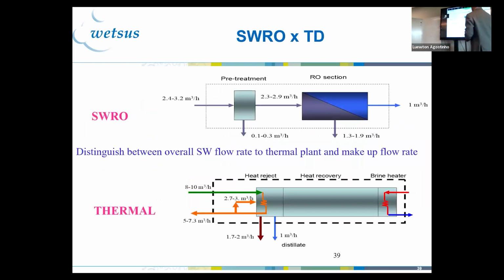Yeah, this is the problem. Normally, don't look at that, just look at this. Normally, in reverse osmosis, what do you get? You get 2.4 to 3.2 cubic meters per hour in, and then you get 0.1 to 0.3 for the pre-treatment, okay? But look at this final number. You can round this to 3. So you put 3 cubic meters per hour in, and how much do you get out? 1, right?